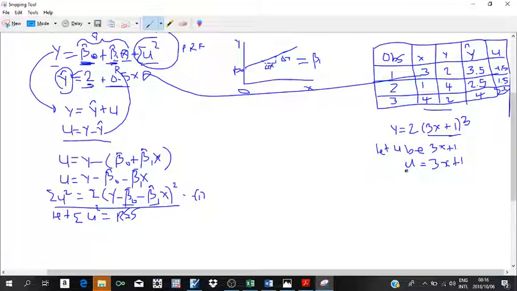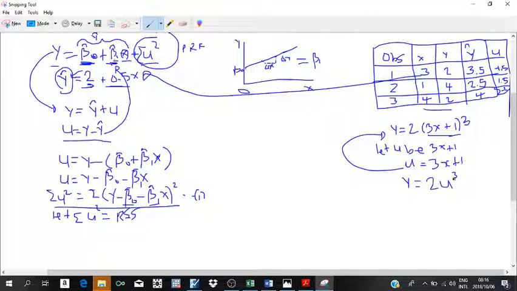If we define u this way, we can write the y function as y equals 2u raised to the power 3.